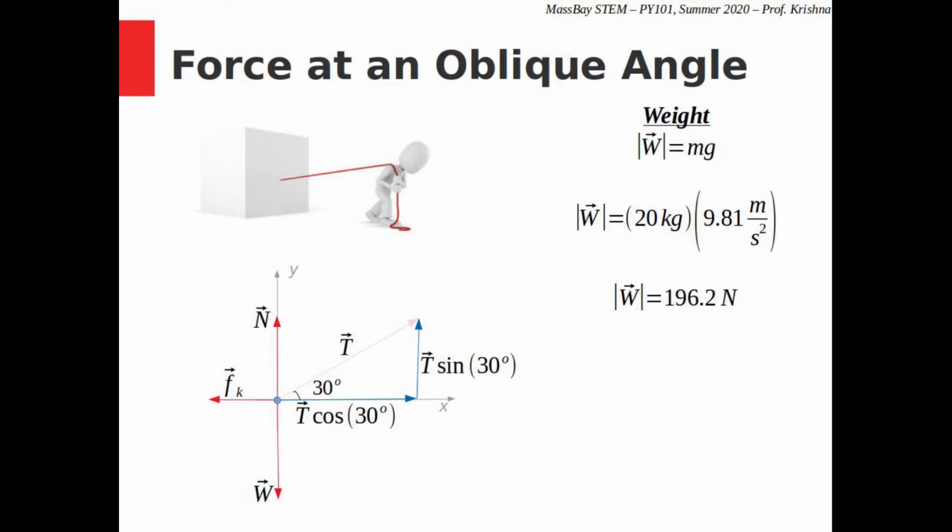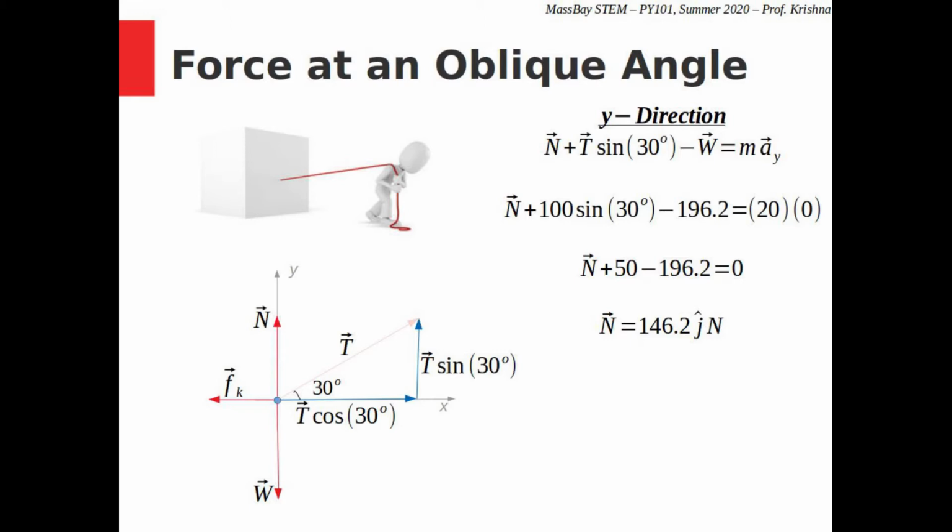It works out to 196.2 newtons. The object is not moving in the vertical direction, up or down, so the acceleration in y is 0. Substituting in the weight and the value of tension, the only unknown is the normal force. It works out to 146.2 newtons.